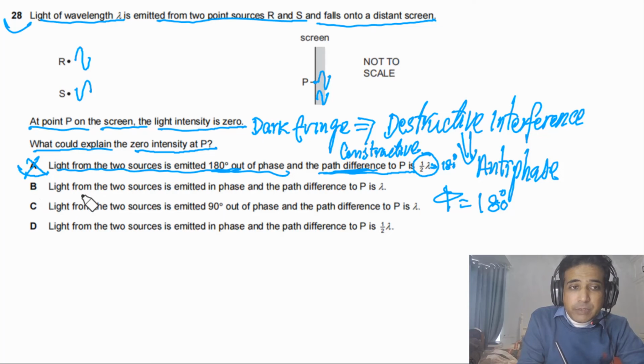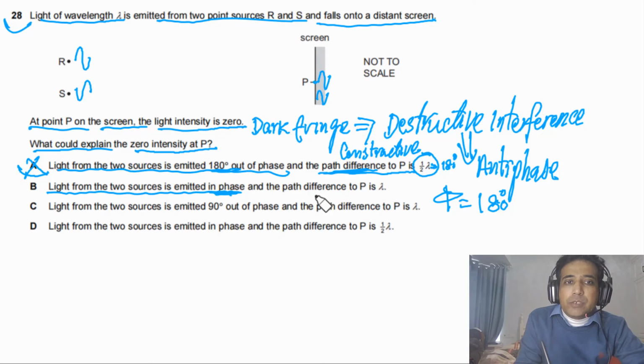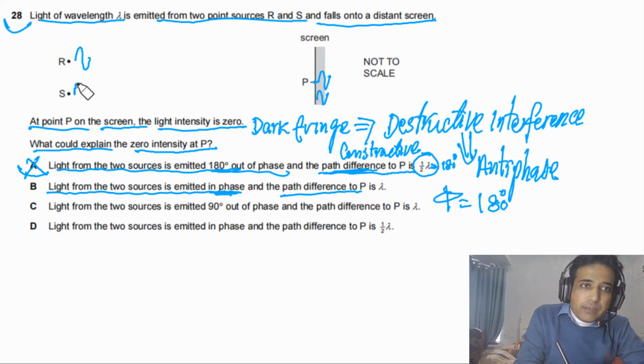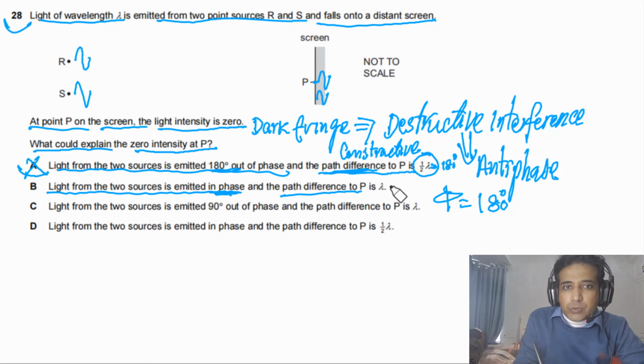If you look at option B, it is given that light from the two sources is emitted in phase. In phase, this is very important, and path difference is equal to lambda. So initially they are emitted in phase, and path difference is equal to lambda.